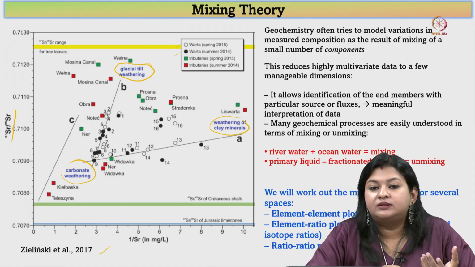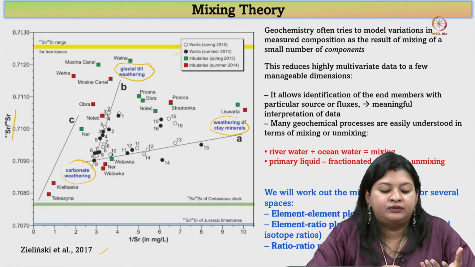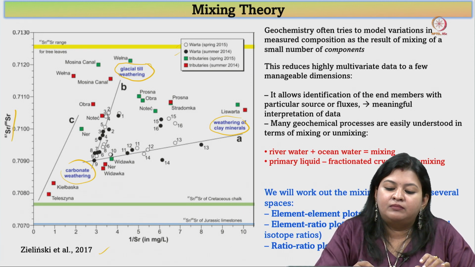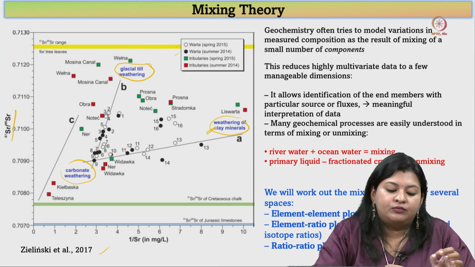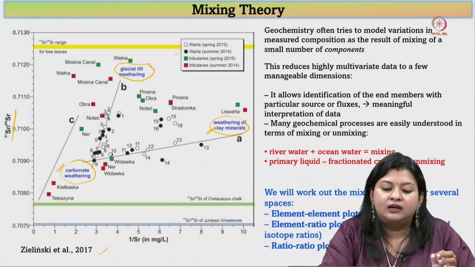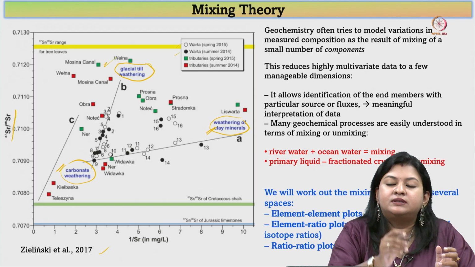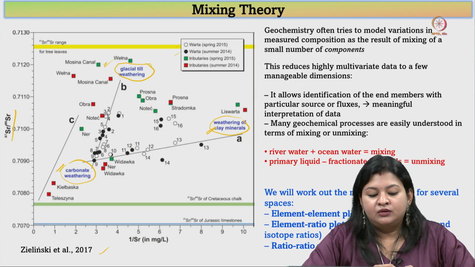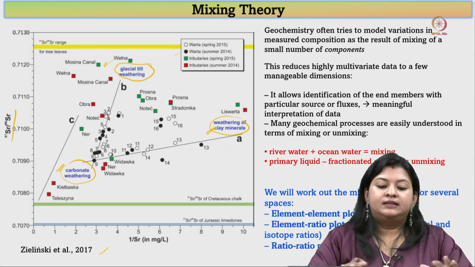And often we find such studies where we have to determine how much contribution in that particular river is coming from clay, how much is coming from carbonate, how much is coming from silicate weathering and some other kinds of weathering. So, these are the sources and this is my data.